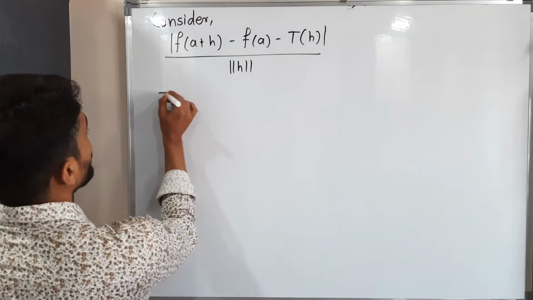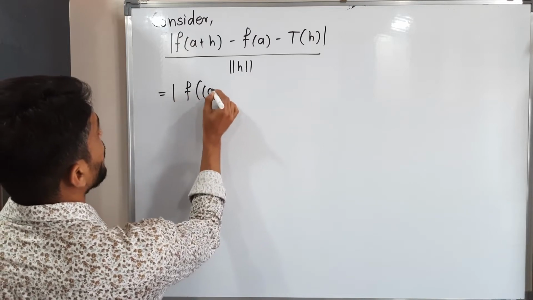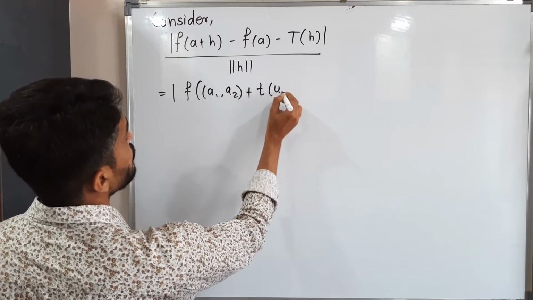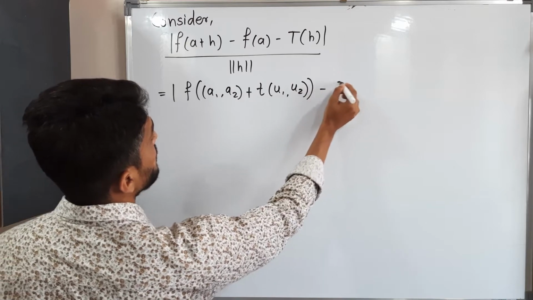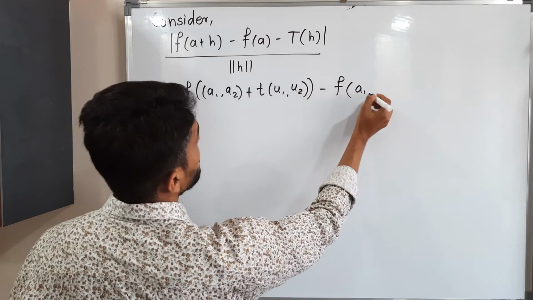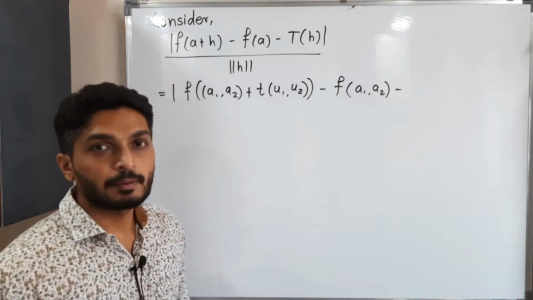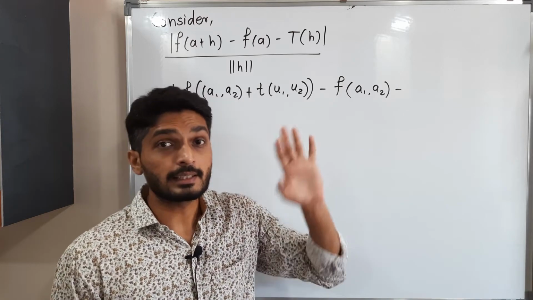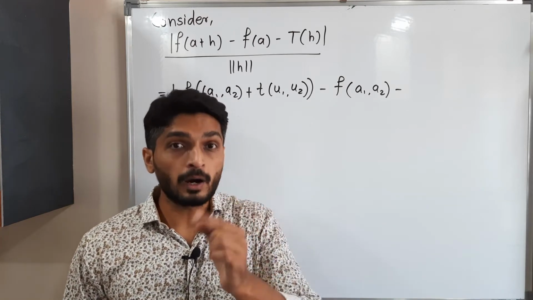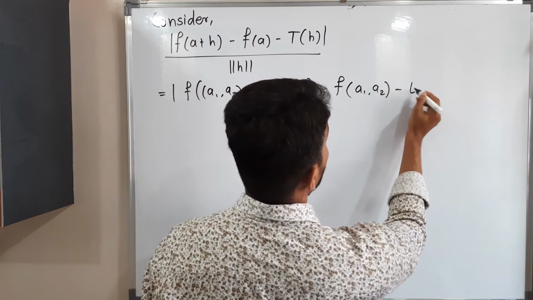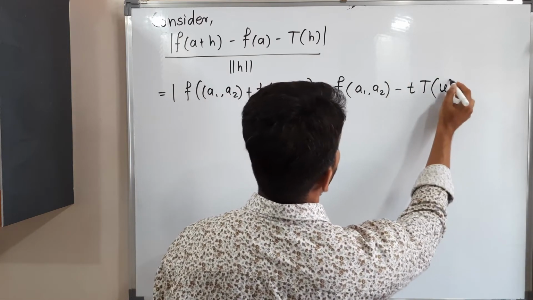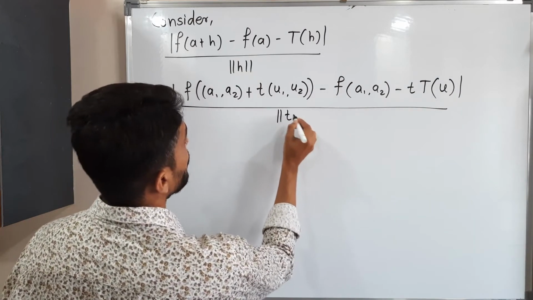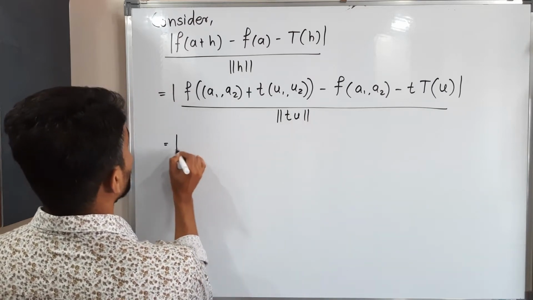So this is equal to f of A, which is (a1, a2), plus h, which is tu, with u being (u1, u2), minus f of A, which is (a1, a2), minus T of h, which is T of tu. But t is a constant and capital T is a linear transformation, so small t will come outside. Therefore t times T of u, divided by the norm of h, that means norm of tu.